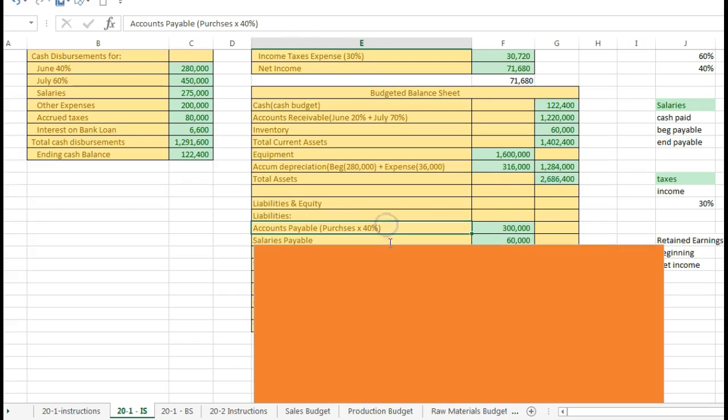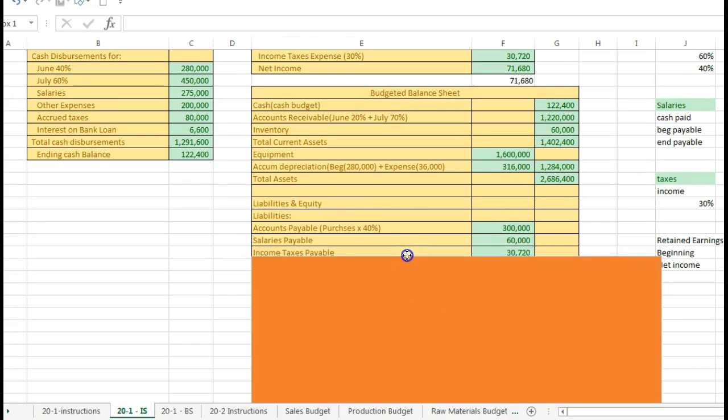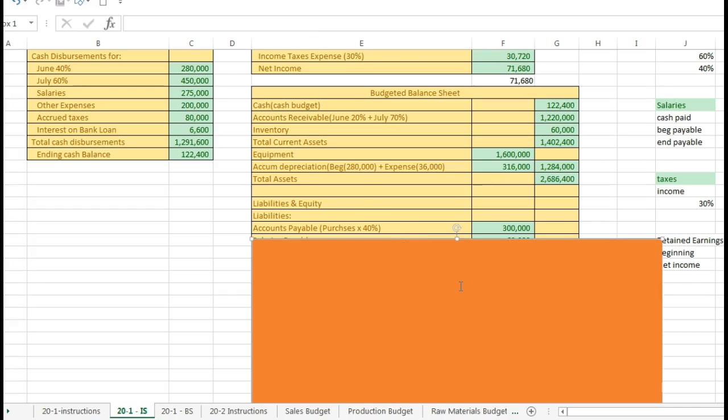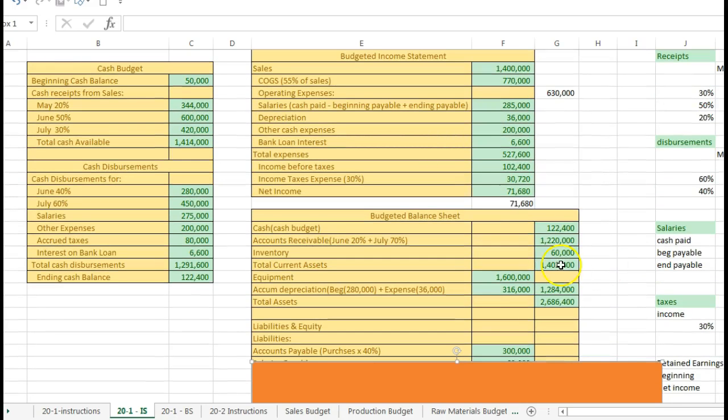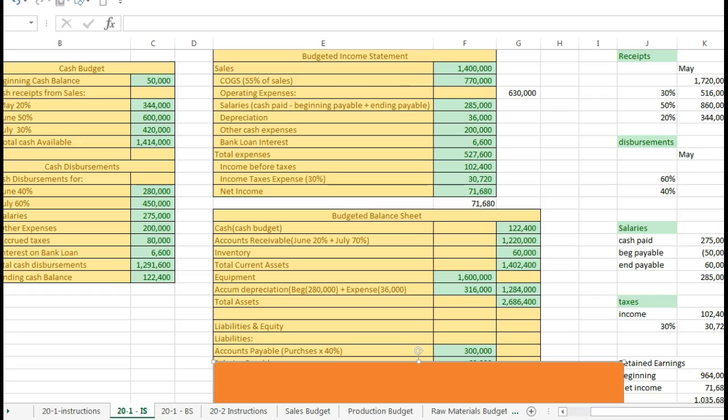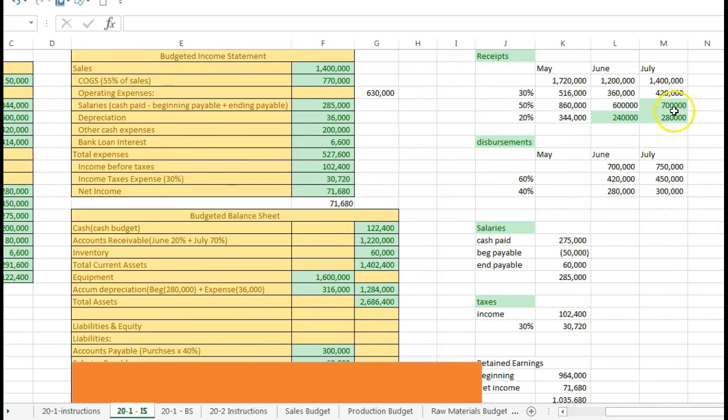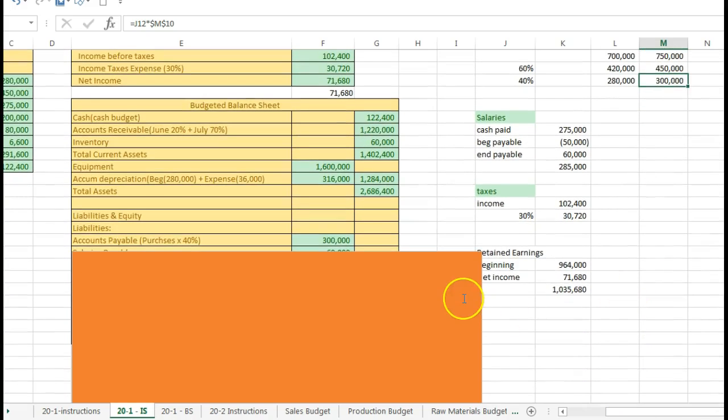And then we figure our liabilities and equity. Again, our purchases, the only thing we owed yet at this time was 40% of what was left of $750,000. Because remember, they paid 60% of that, $450,000, so there's $300,000 left in accounts payable.